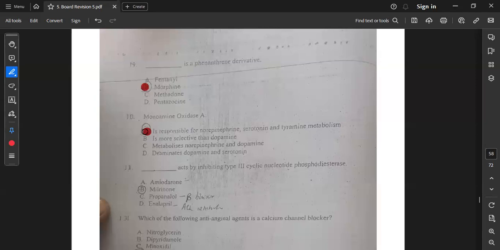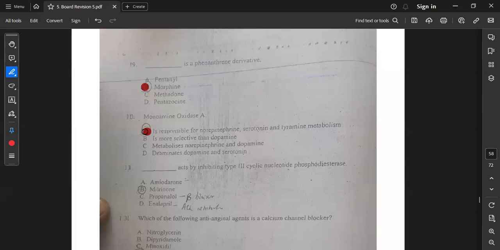Okay. And choice B is supposed to be selective for dopamine. So we take monoamine oxidase B will be more selective for dopamine, not A, as you're saying. Okay.